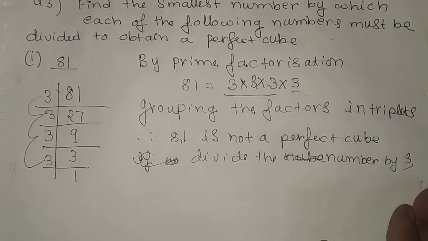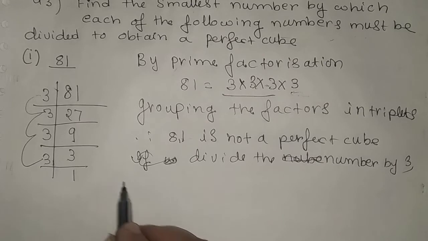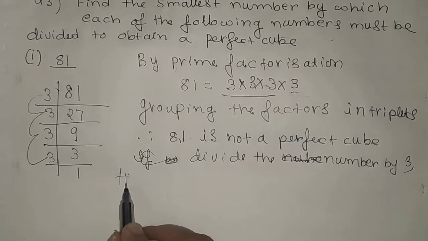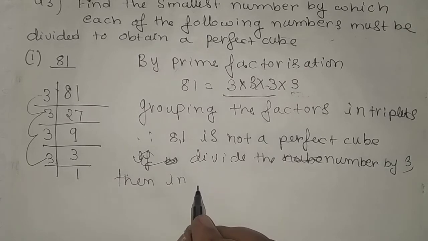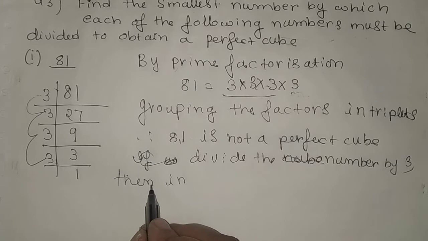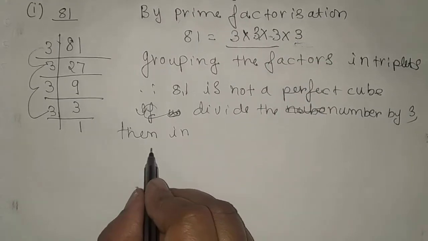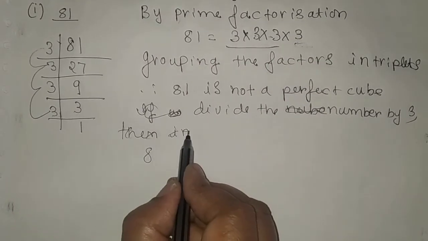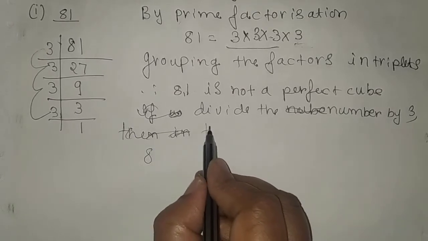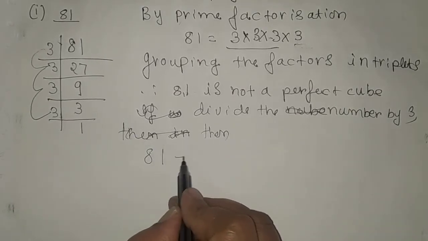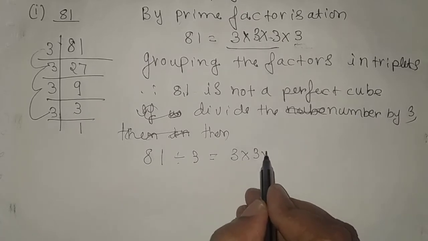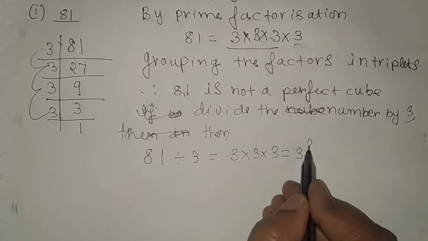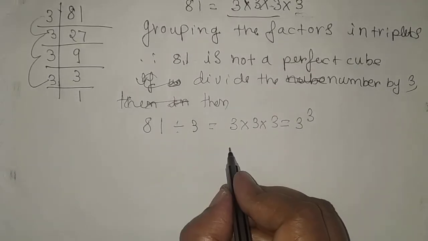So then, what happens? 81 divided by 3 gives 3 into 3 into 3, equal to 3 cube.